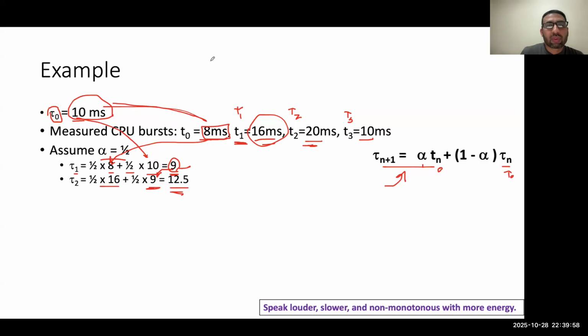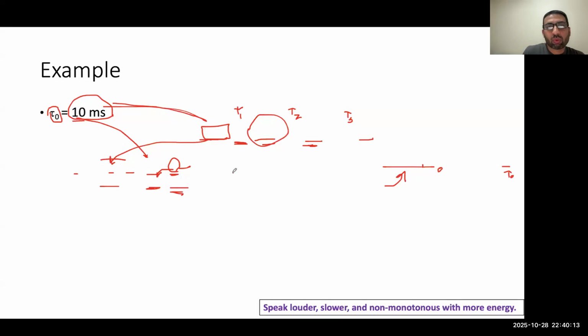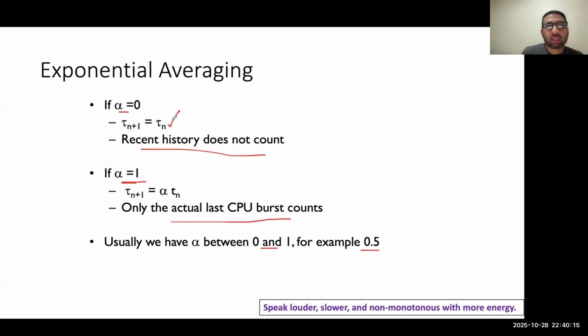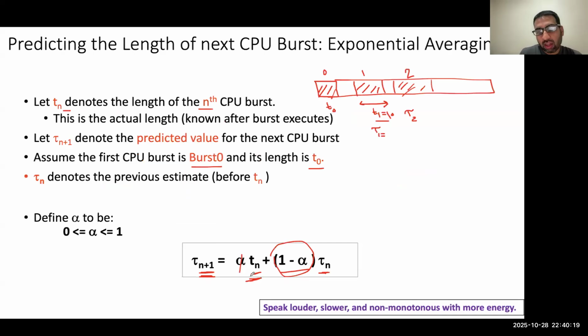I have a question. I missed where we got alpha from. Where does 1 by 2 come from? Alpha is just a weight. It is your decision what value of alpha you want to use. Let me go back here.